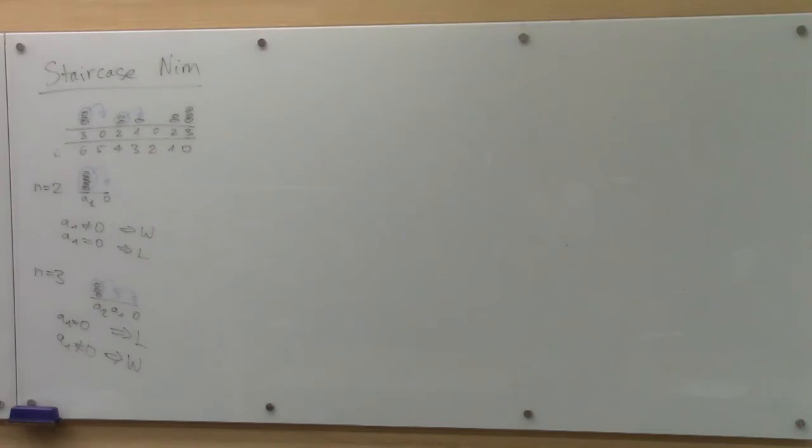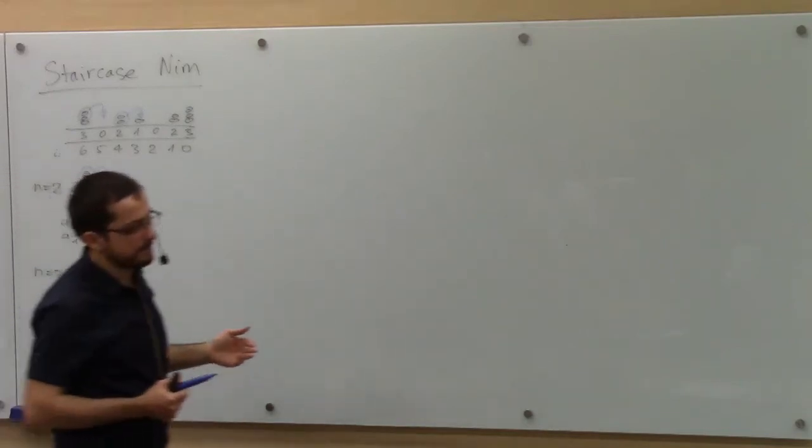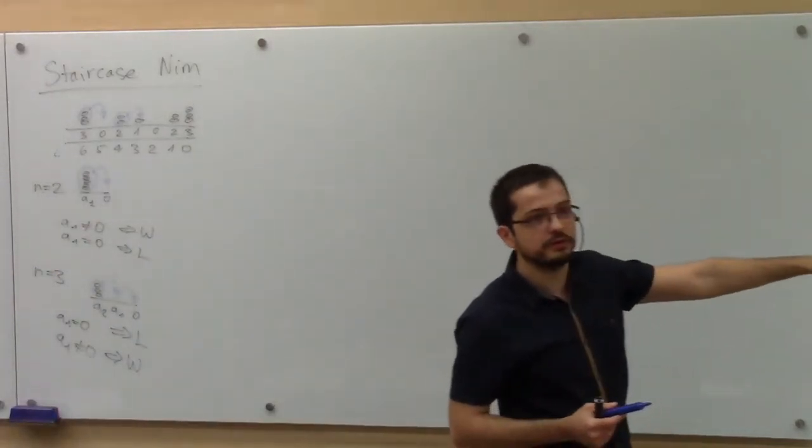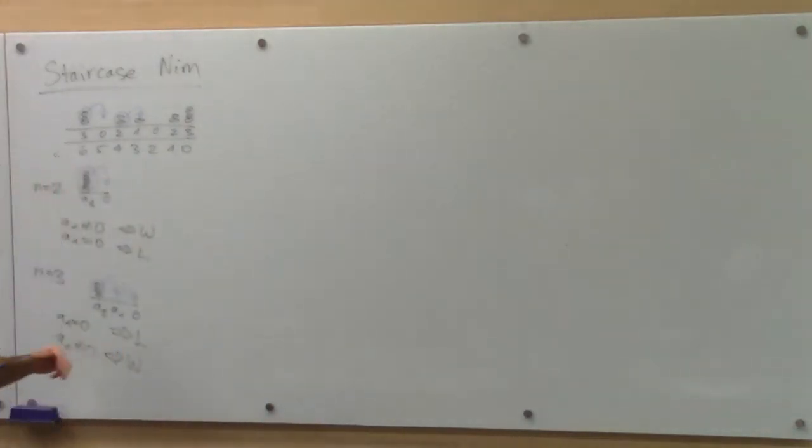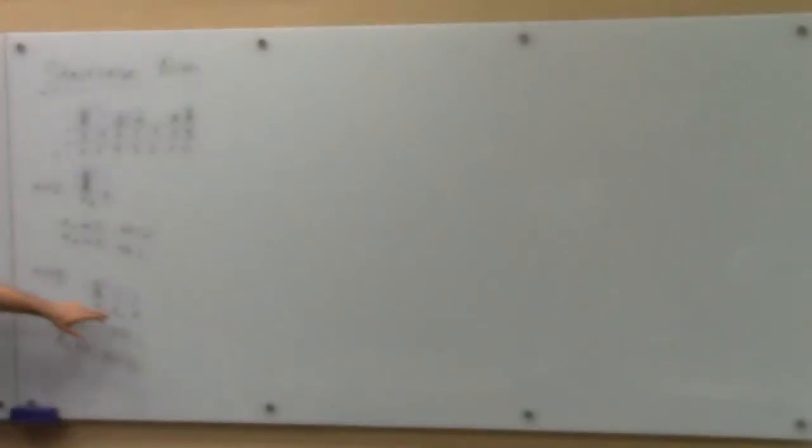So when we have two stacks, we have a little bit different winning strategy than in Nim, but it's interesting that the difference between losing and winning does not depend at all on the size of stack number 2. It doesn't matter how many coins we have on stack number 2. It only depends on how many coins we have on stack number 1.